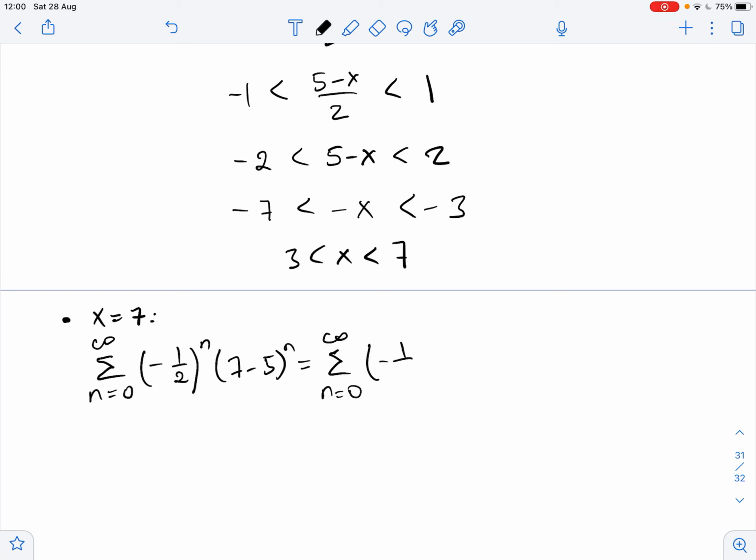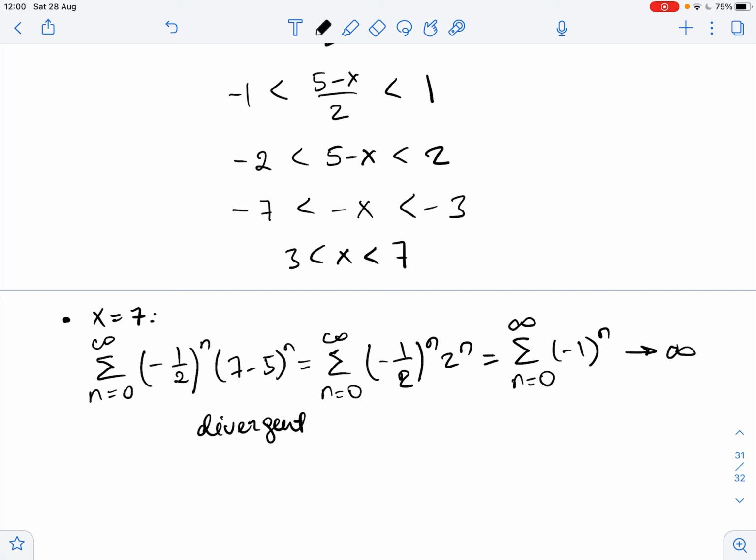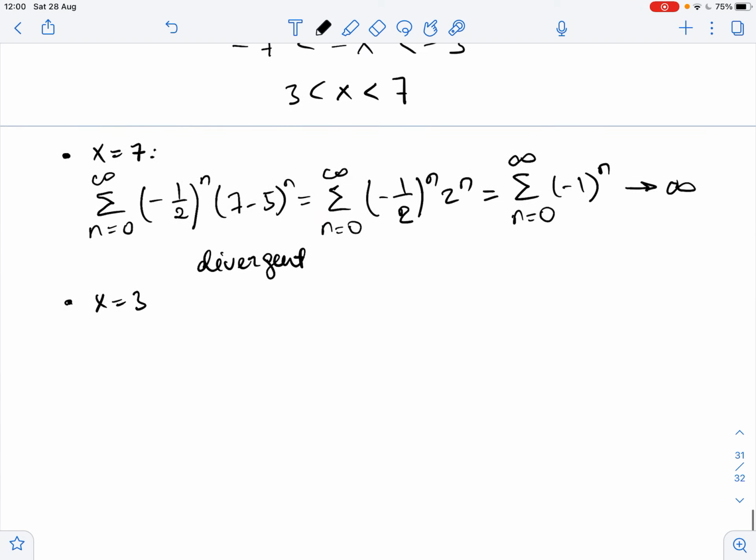Then this equals the sum from n equals 0 to infinity of negative 1 over 2 to the power of n times 2 to the power of n. So it equals the sum from n equals 0 to infinity of negative 1 to the power of n. So it does not approach a limit, which is divergent, so divergent at this point.